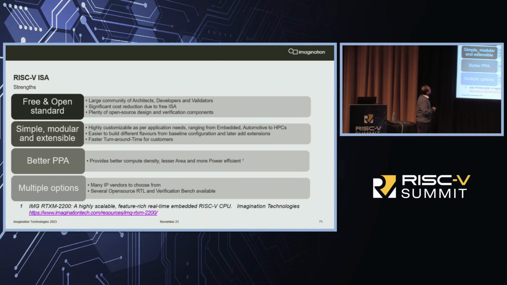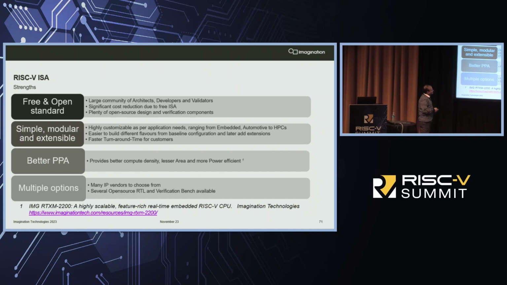That is one of the biggest advantages of the RISC-V ISA. It is very easy to build various configurations. Based on a baseline configuration, you can keep adding extensions and features, configure based on what the customer requires, and roll out a product in a shorter amount of time.